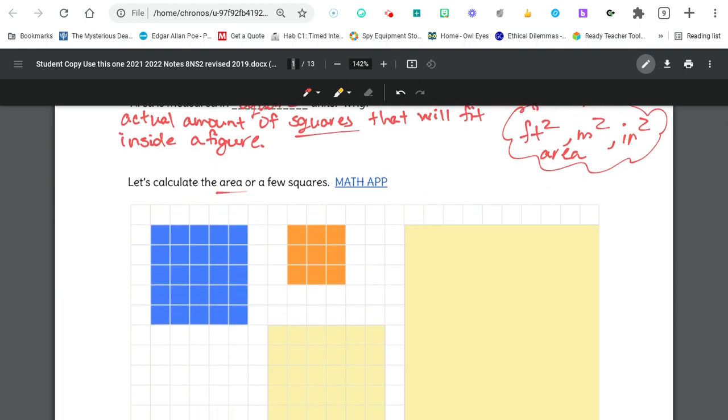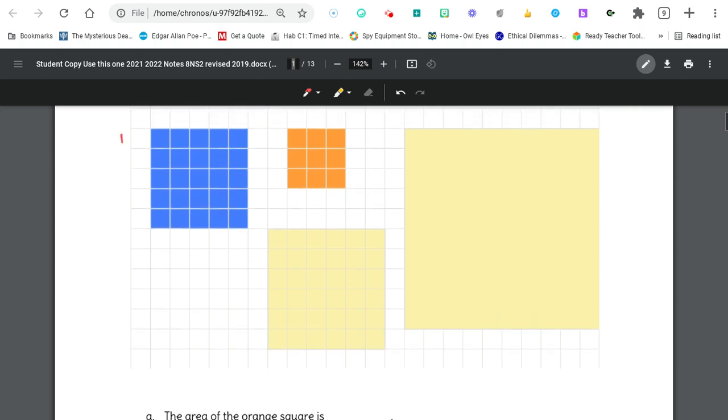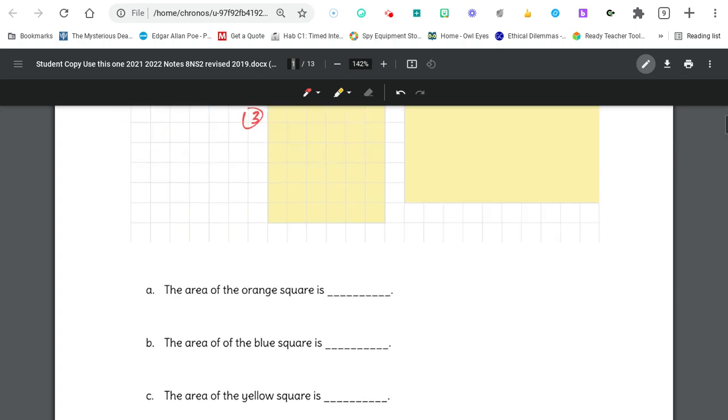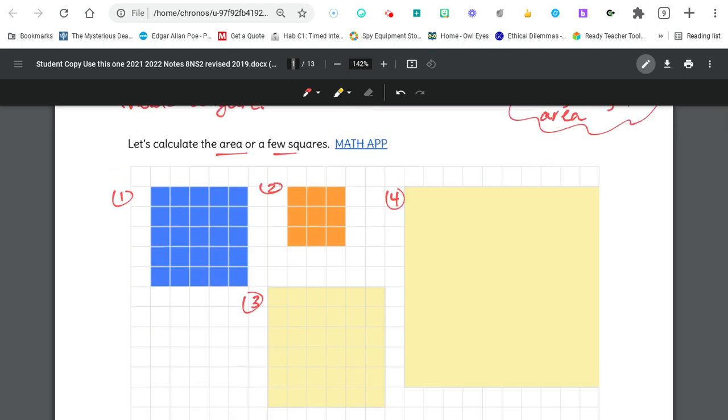All right, it says let's calculate the area of a few squares. So you see you have a blue square, an orange one, yellow, and then a larger yellow one. So it says, what is the area of the orange square? Well, you can count the individual squares if you want to, but that's not necessary.